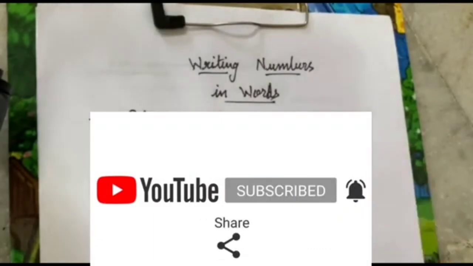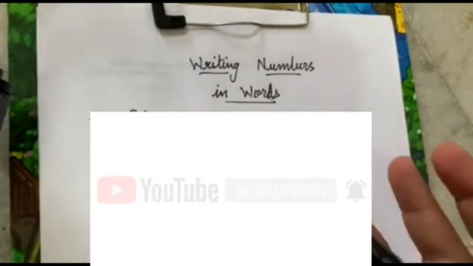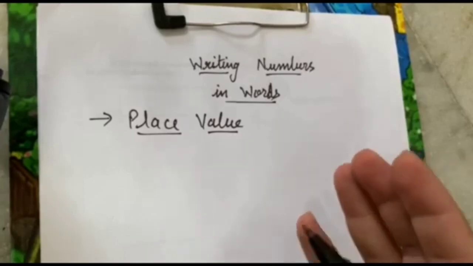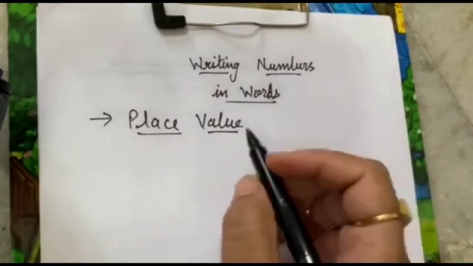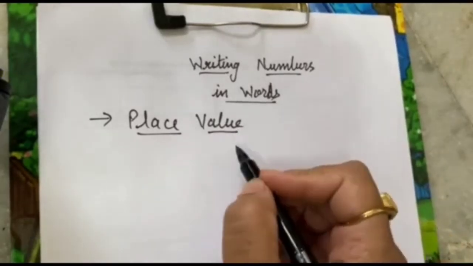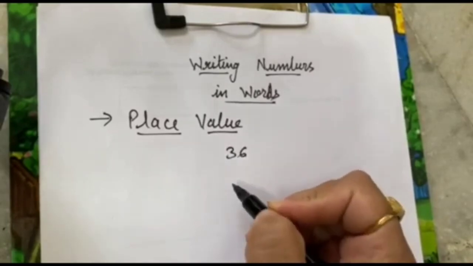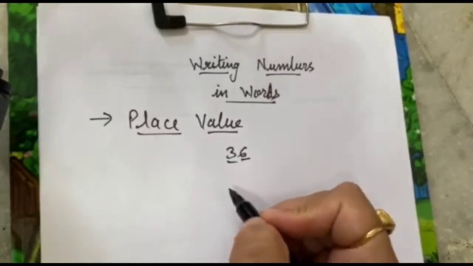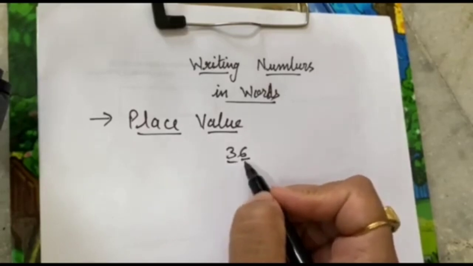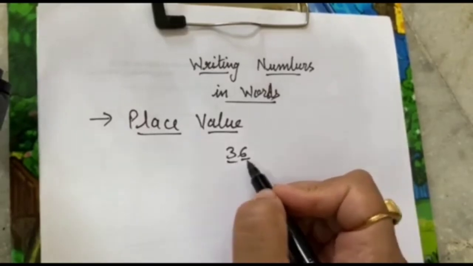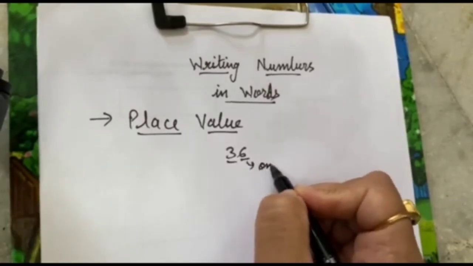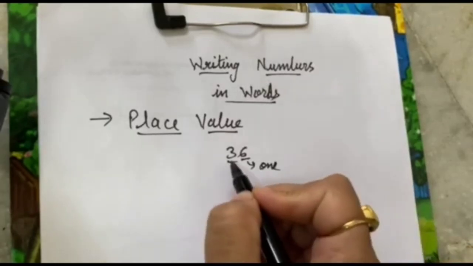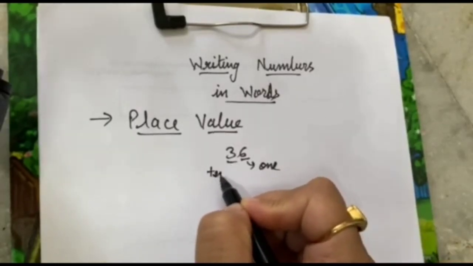As you know, in place values we talk about any digit's place value in a number. For example, we have a 2-digit number like 36. Here this is the first digit and this is the second digit. We call 6 the ones and 3 the tens.